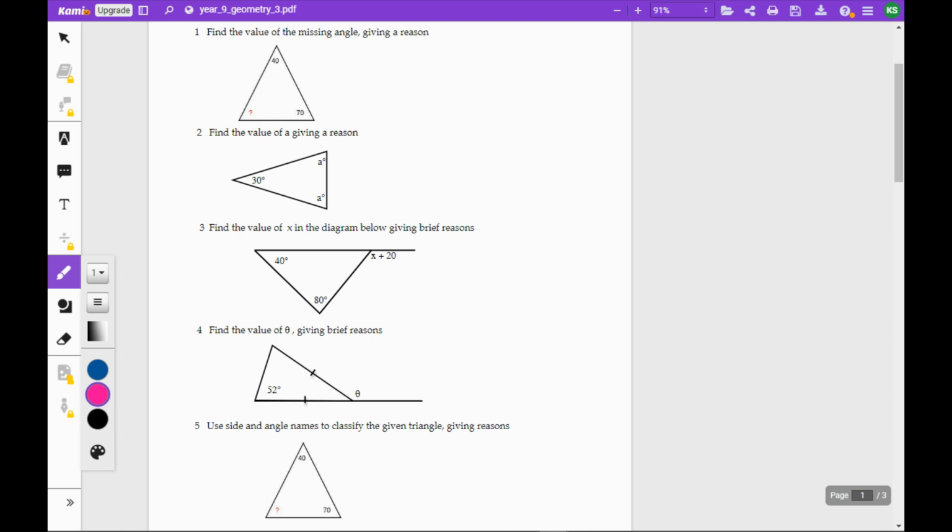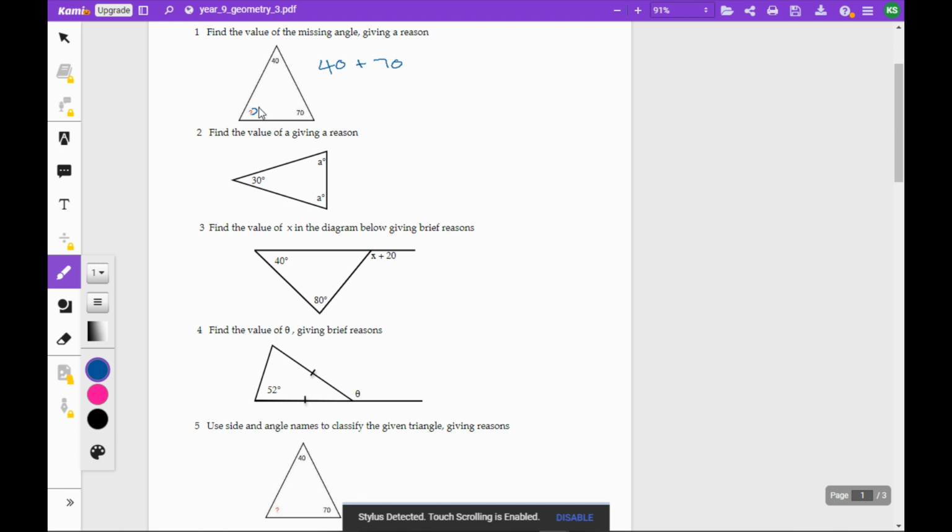So for this one here, let's have a look. Angles in a triangle add up to 180 degrees. That's the first one over here. Alright, so let's start from there. Find the value of the missing angle. So we would take 40 plus 70.